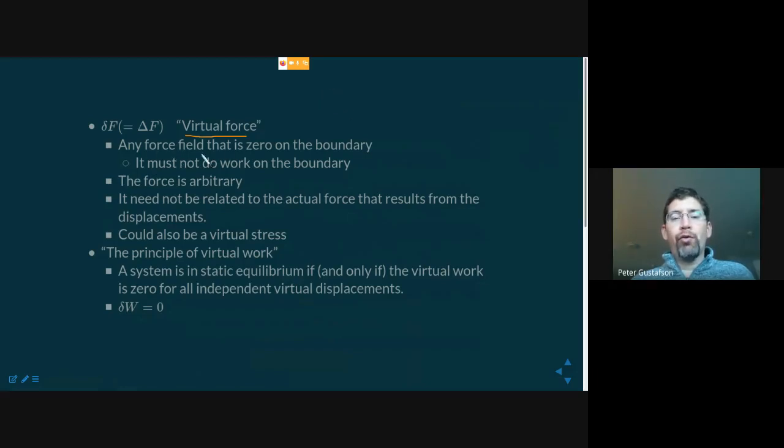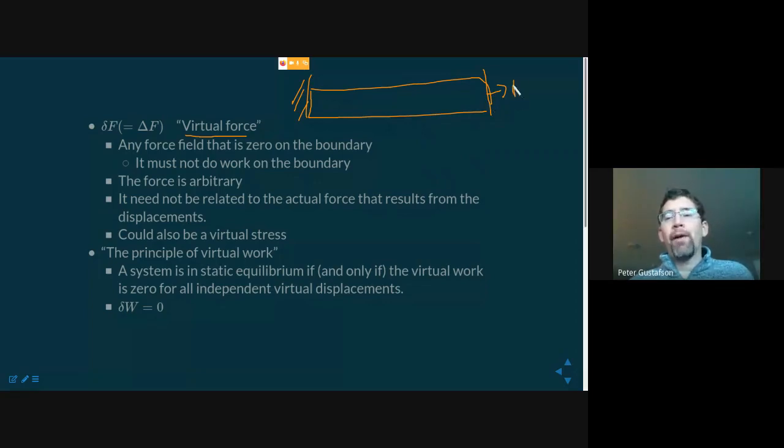This virtual force, so here I've got this axial load-carrying member. The virtual force, we can't violate any force boundary conditions.